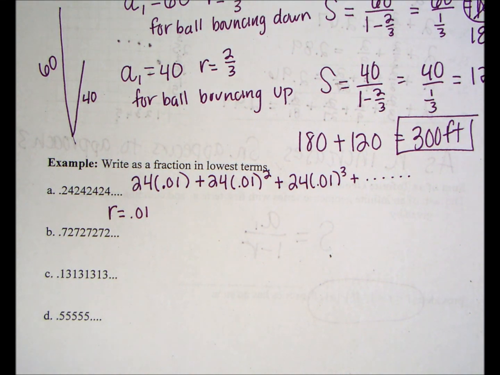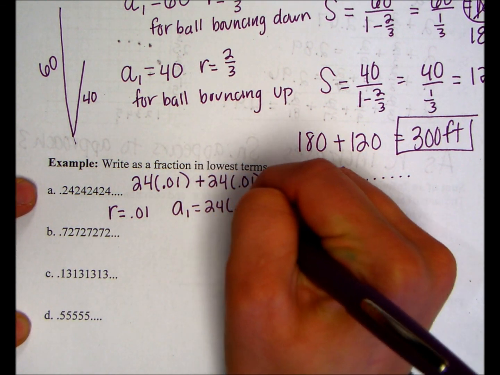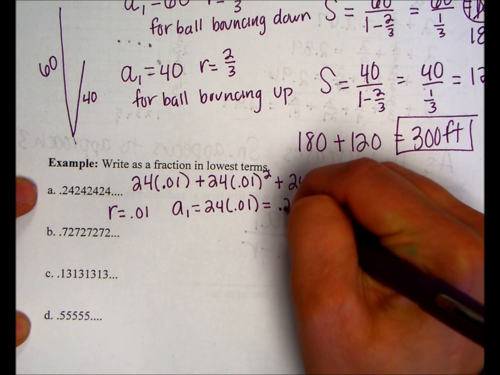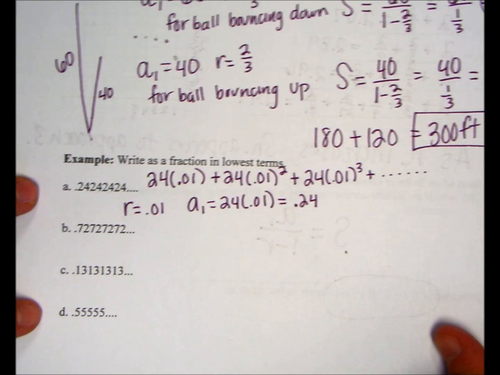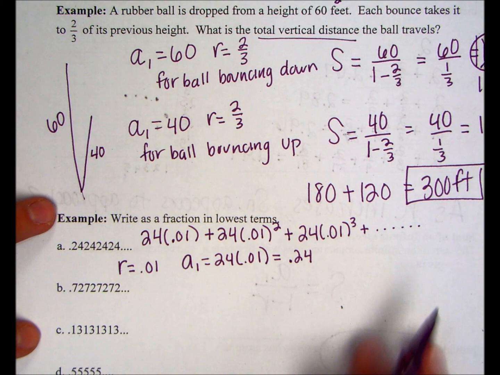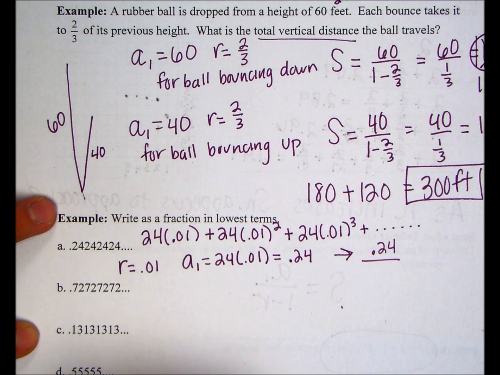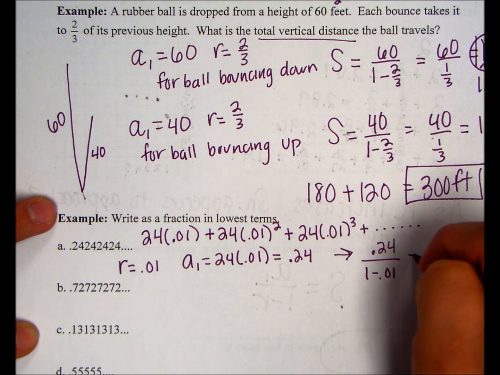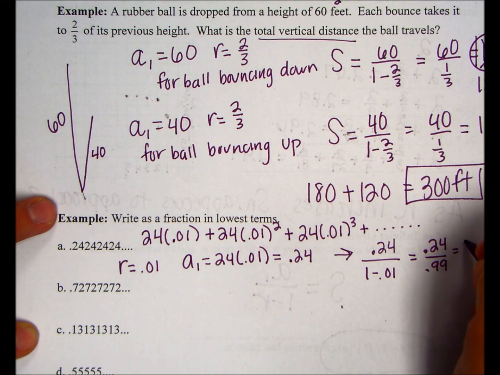And my a sub 1 value is 24 times 0.01, which is just 0.24. Now if I use my sum of infinite geometric series formula from the front, I get 0.24 over 1 minus 0.01. So that's 0.24 over 0.99, which is the same as 24 over 99.